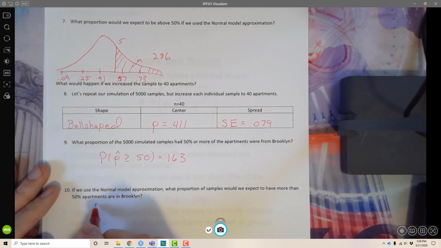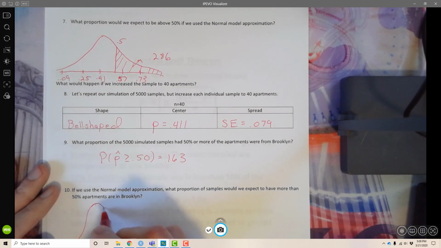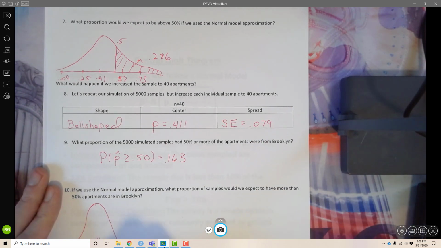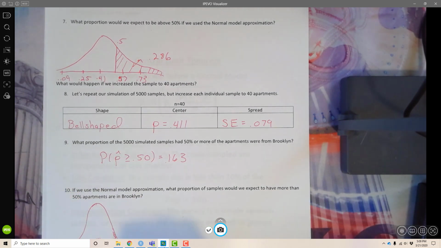So we draw out our normal curve, centered at our population proportion of 41%, but now our standard error is about 0.08. So our first tick mark will be at 0.49, and our second tick mark will be at 0.57. We're still looking at 50%, which will be really close, just barely past this 0.49. We still want above, so we'll shade the upper area.